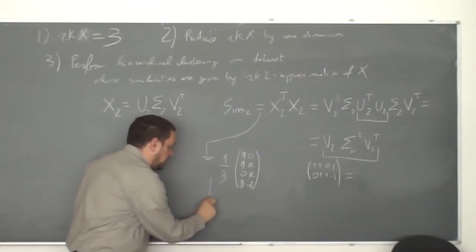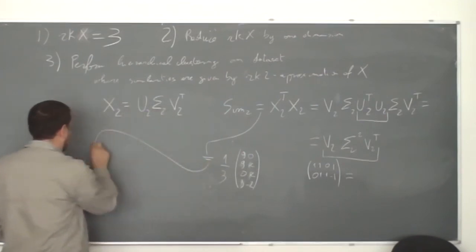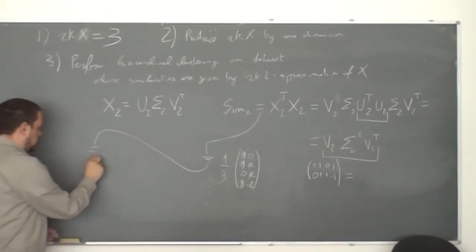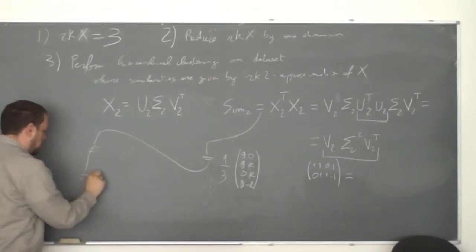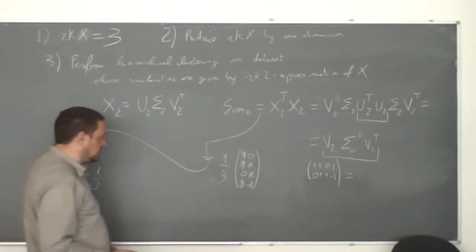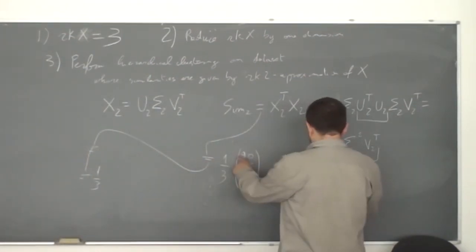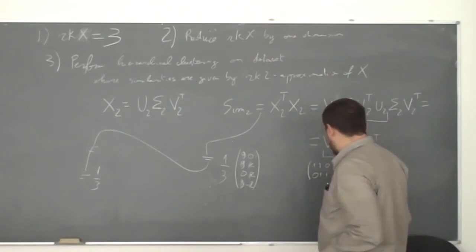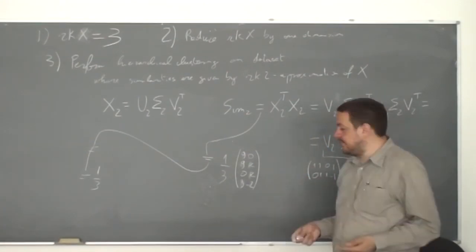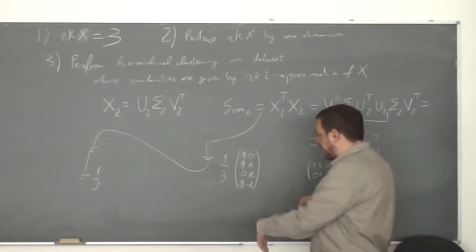So finally we have, let's write it here, 1/3 times, of course we have 4 documents, so we are having a 4x4 matrix.